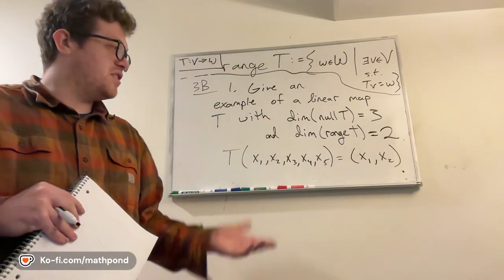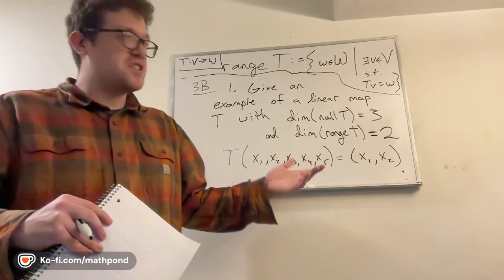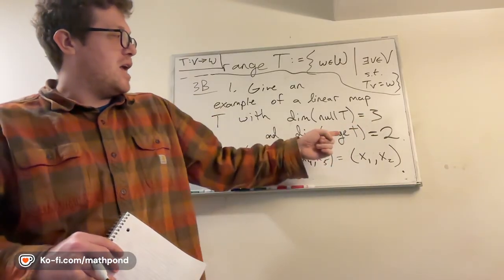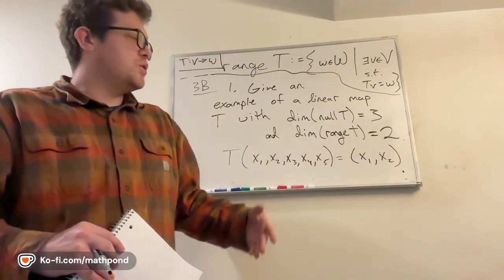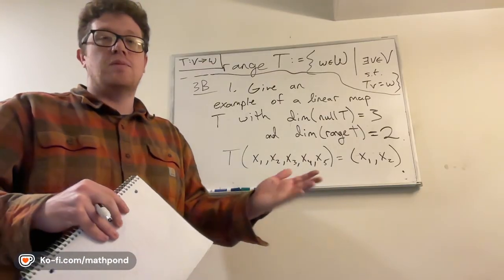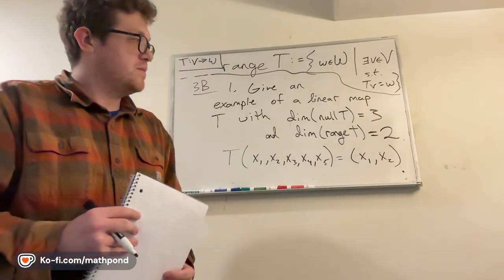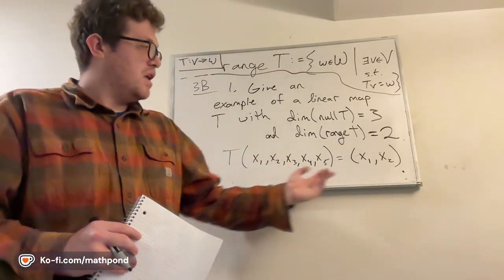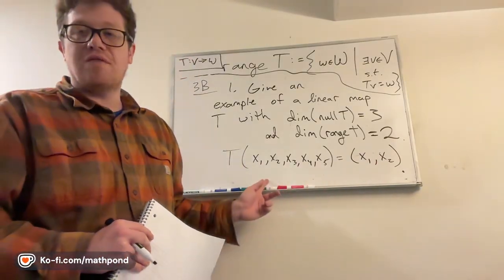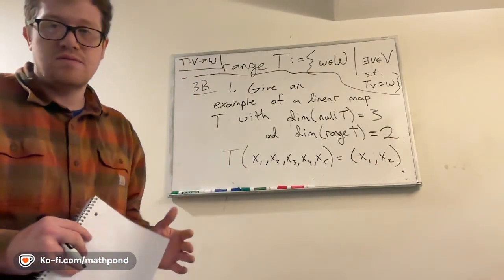You don't just pick this map and say, oh, it's the answer. You want to think, okay, I'm sending 3 basis vectors to 0, and I'm sending 2 to some linearly independent set, so I'm going to get a 2-dimensional space in the range. In this case, it's basically isomorphic to the xy plane sitting in R^5 or F^5, whatever the field is.